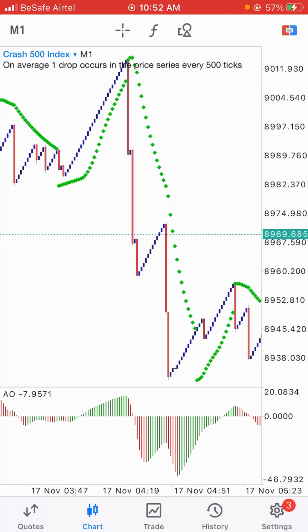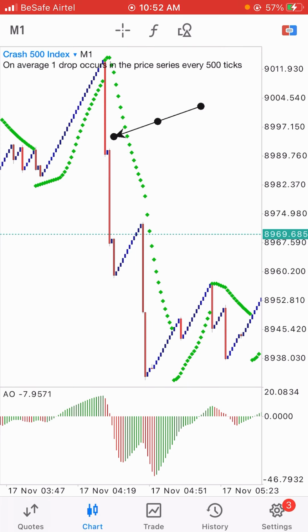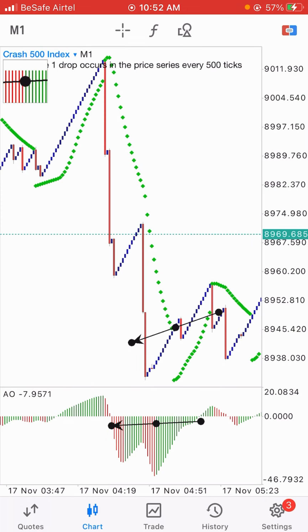Just make sure you're able to identify the trend. After this massive spike, the parabolic SAR is facing to the downside. You can see 1, 2, 3, 4, and check the awesome oscillator. You can see the red candles are out already.